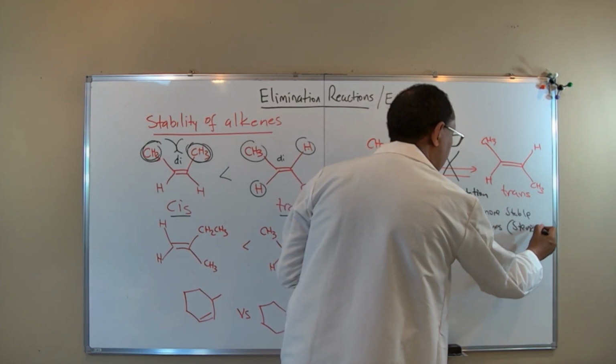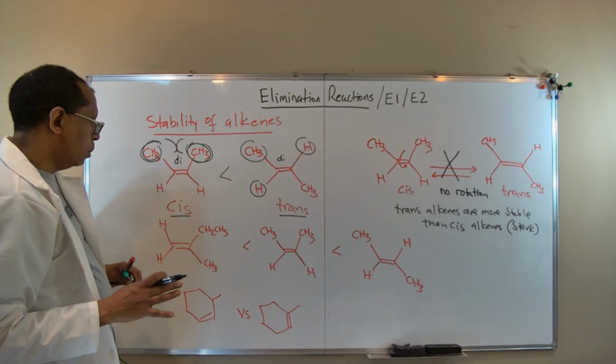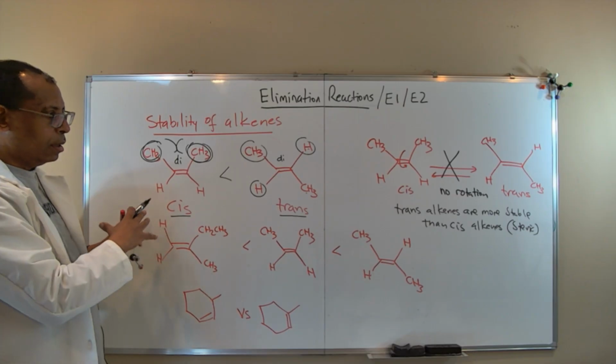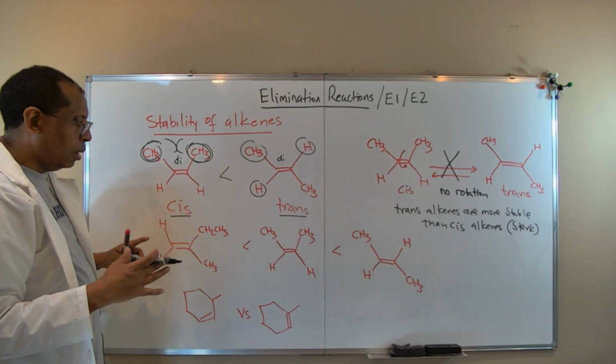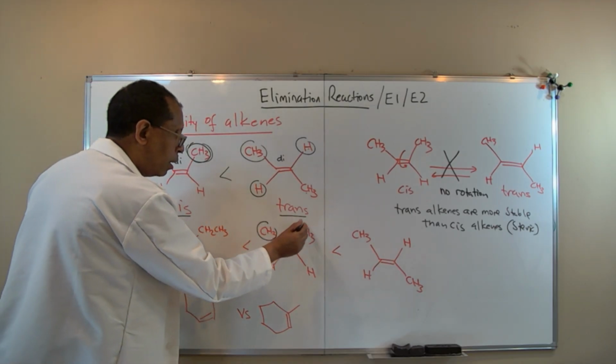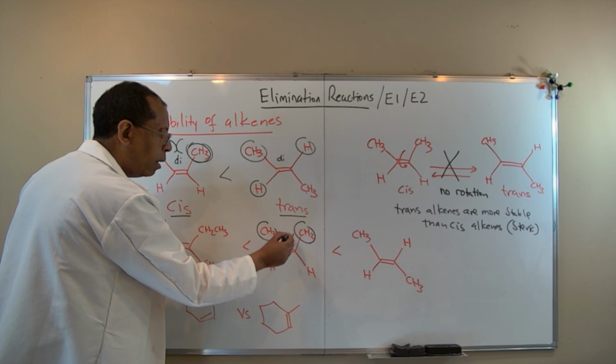Okay? Steric factor. So we have already said that more substitution makes the alkene more stable. The reason why more substituted alkyl groups are stabilizing the double bond is by inductive effect they electron donate to the alkene.